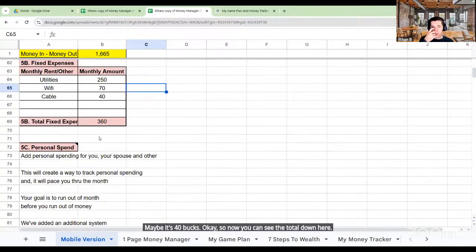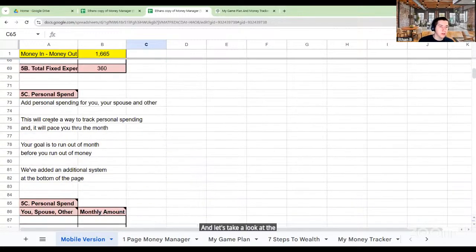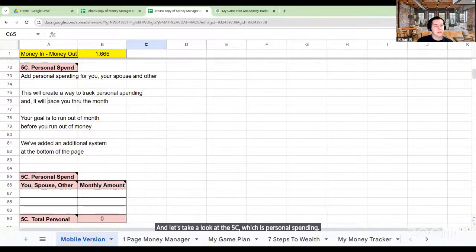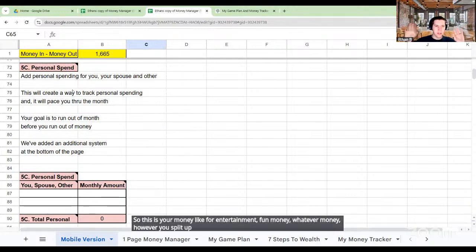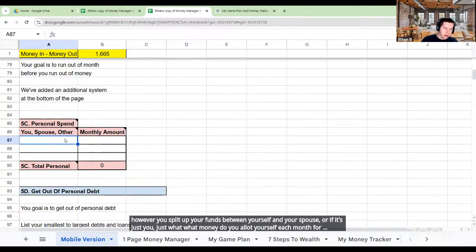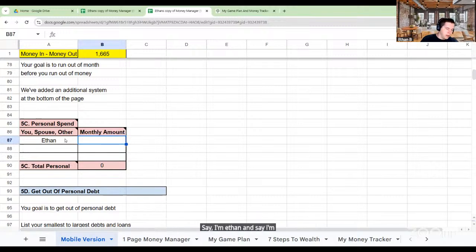Okay, so now you can see the total down here. And let's take a look at the 5C, which is personal spending. So this is your money, like for entertainment, fun money, however you split up your funds between yourself and your spouse, or if it's just you, what money do you allot yourself each month for spending? So we can add our names here again. Say I'm Ethan, and maybe Ethan only gets $100 per month. And then we've got Megan. Of course, she gets more, so we're going to give her 200 a month.